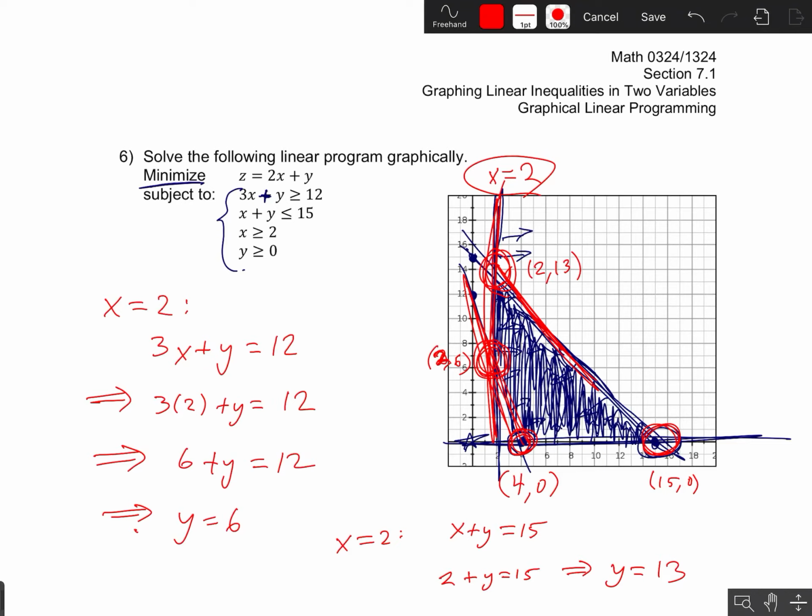A corner point always occurs at the intersection of 2 boundary lines. So if we have 2 lines and a corresponding corner point, we can find the coordinates of that point by just solving the simultaneous equations. Let's say you have lines that look like this. This is not a very accurate picture at all, but just to give an example.